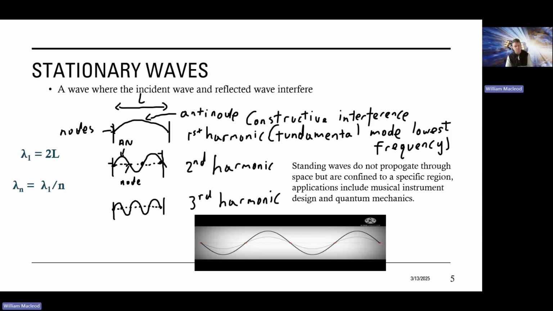And the wavelength can be described mathematically as lambda n, n being the harmonic of interest, is equal to lambda 1, the fundamental wavelength for the first harmonic, divided by n, the harmonic of interest.